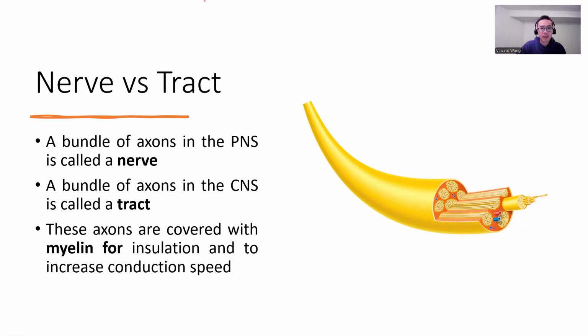But I believe I told you we have the central nervous system. The central nervous system only has two things in it, the brain and the spinal cord, and everything else that's part of the nervous system that is outside of the brain and outside of the spinal cord is part of the PNS, peripheral nervous system. And so sometimes you have the same thing in the CNS and in the PNS, but we give them different names.